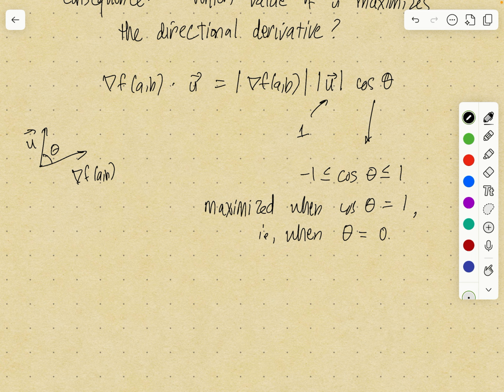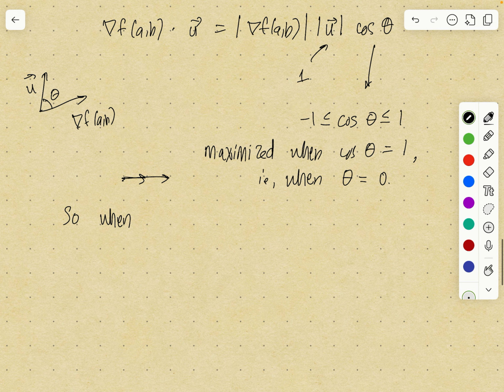So this tells you the answer is when theta is 0. Well, when theta is 0, that's when the two vectors are like this, right? When the angle is 0, that's what happens.